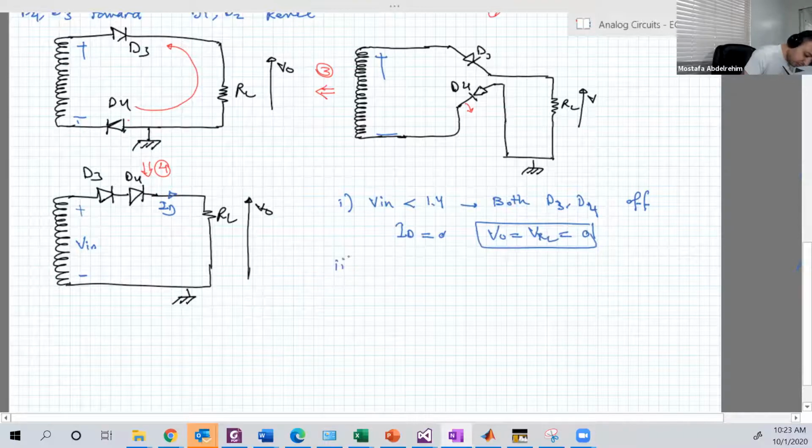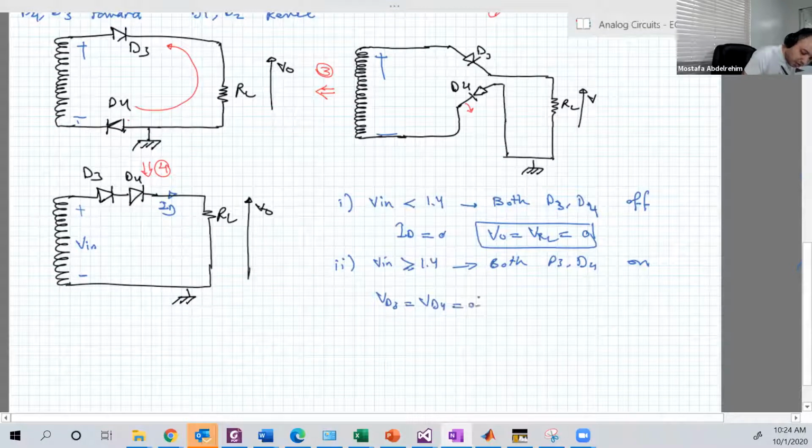Number 2, if V input is larger than or equal to 1.4, now they will be on. Both D3 and D4 are on. So VD3 will be equal to VD4, equal to 0.7.